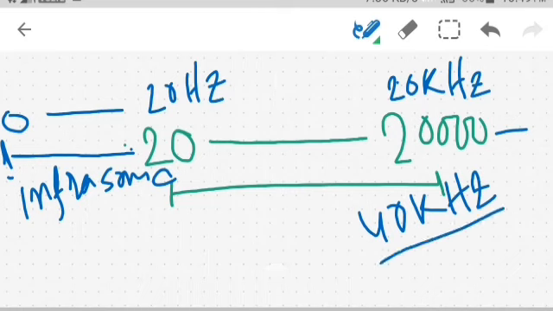They can hear high frequency sound like 40 kilohertz or 70 kilohertz. So the bat is an animal that can not only hear ultrasonic sound, it can also produce ultrasonic sound for screaming. Dogs, deer and many other animals can hear ultrasonic sound, but the bat can produce it as well as hear it.